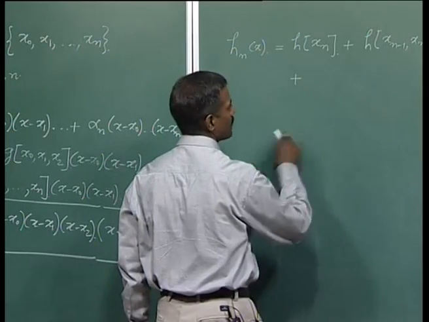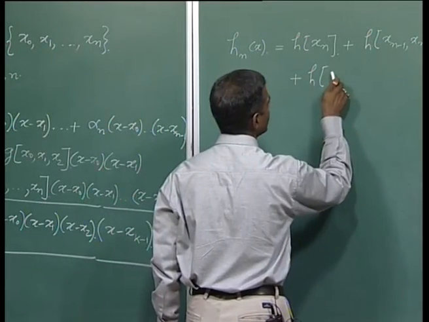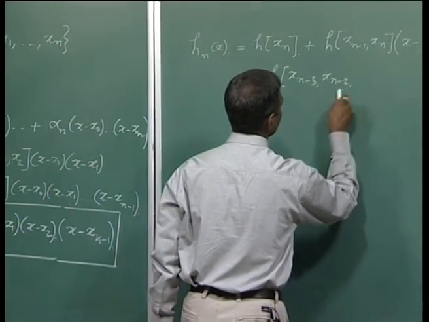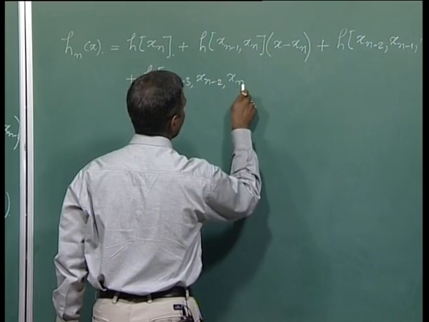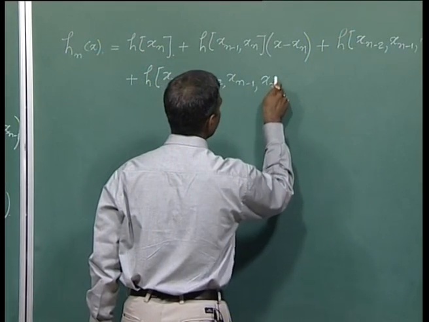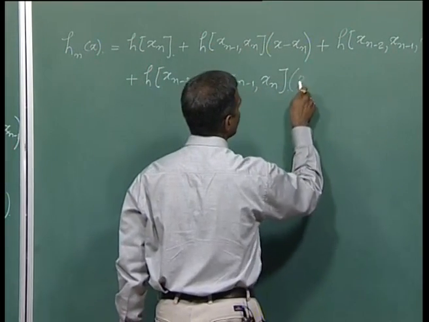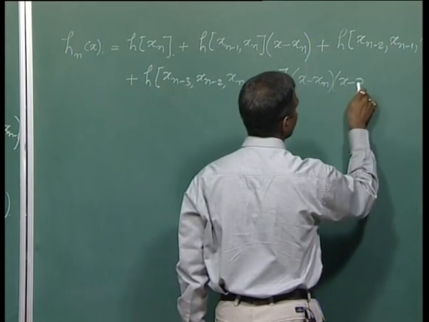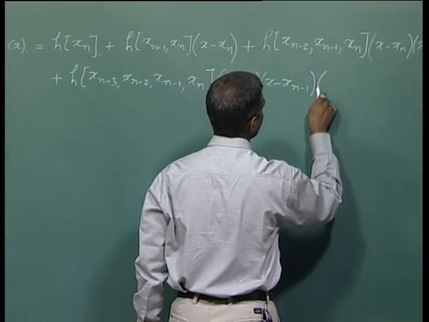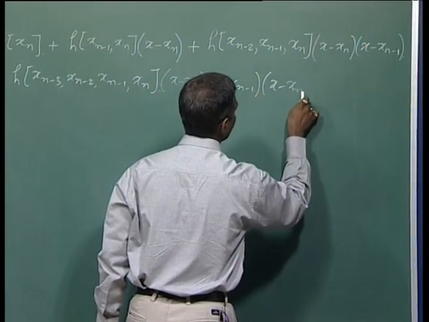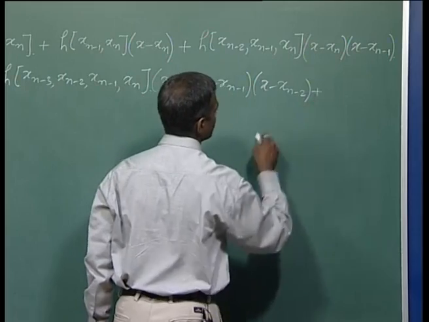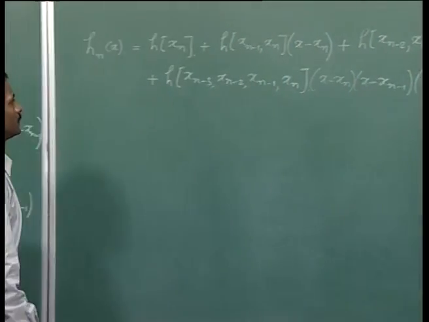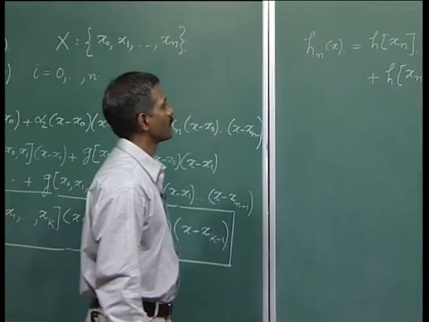Plus, let's write the fourth term as well, h of xn minus 3, xn minus 2, xn minus 1, xn times x minus xn, x minus xn minus 1, x minus xn minus 2, plus there will be some more terms, plus, try to figure out what the last term here would be.